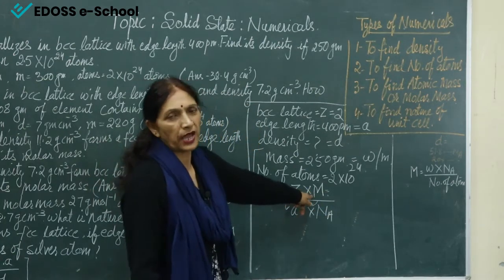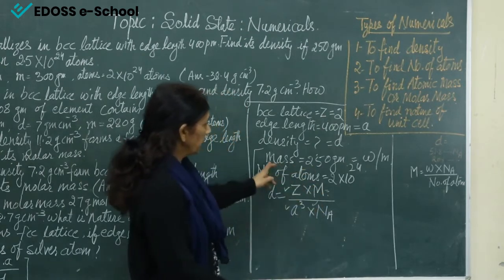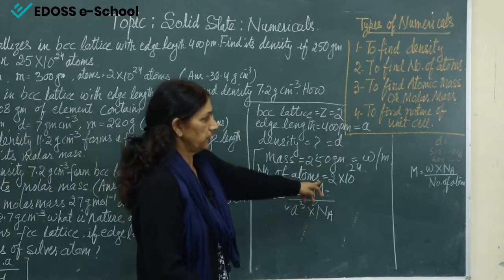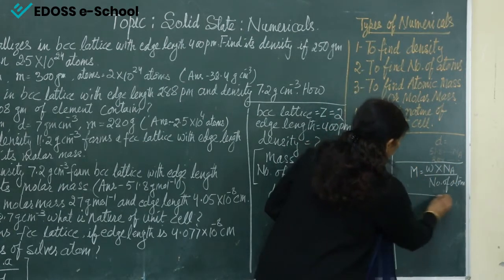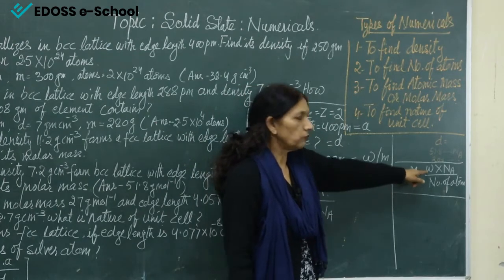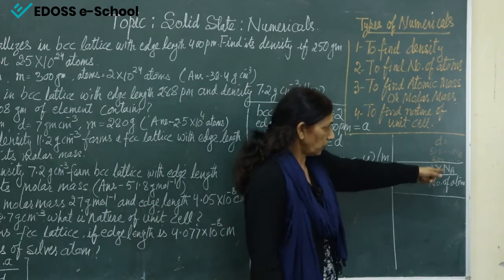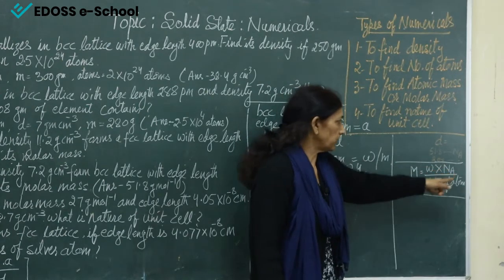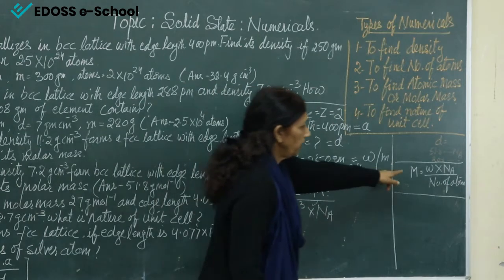Now we have to find M, and if M is not given but mass and number of atoms are given, then this is the formula we can apply. Molar mass is always equal to W, the mass of that compound or element, into Avogadro number, upon number of atoms. So in place of M, we can put the values.